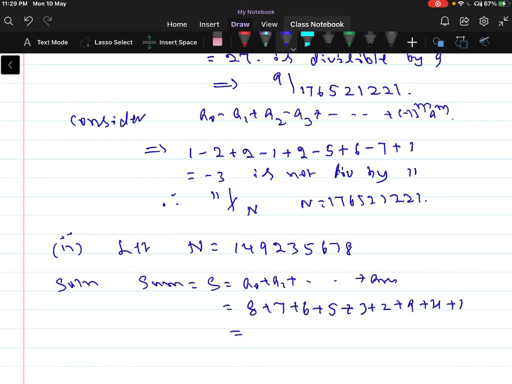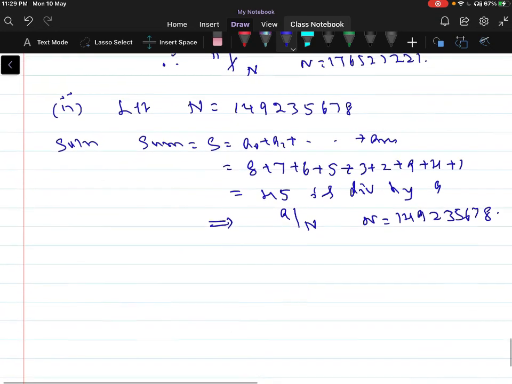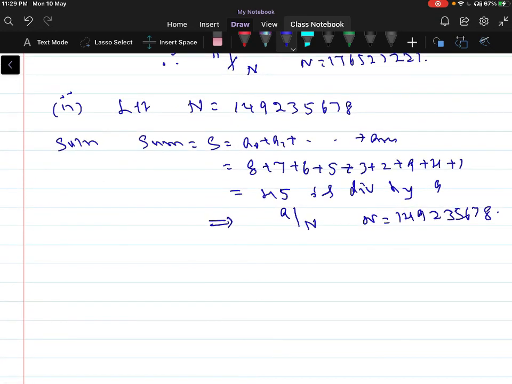So this is equal to 45, which is divisible by 9. So this implies 9 divides the number n, where n is equal to 149235678. So let us verify whether this number is divisible by 11 or not.